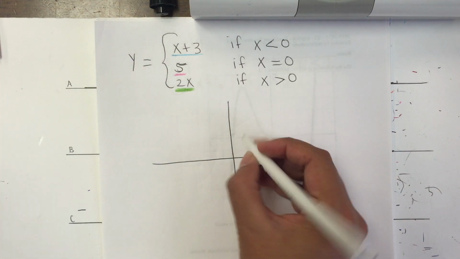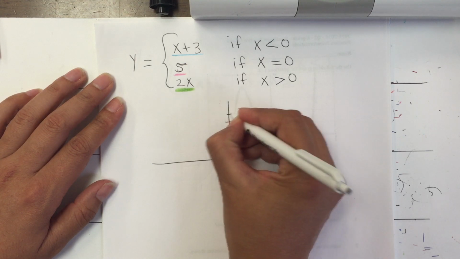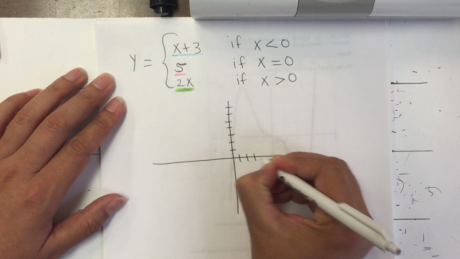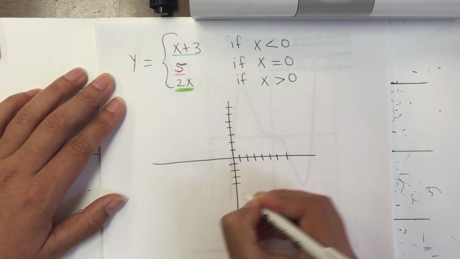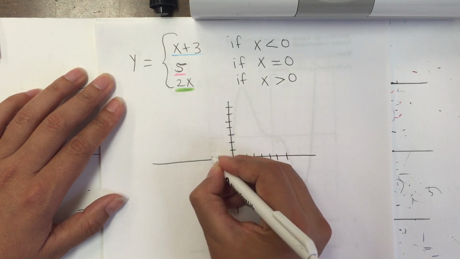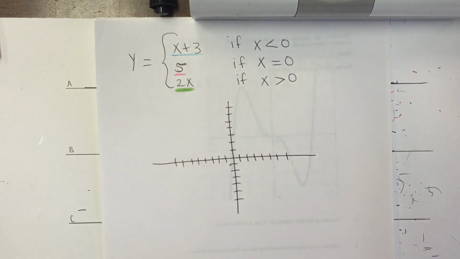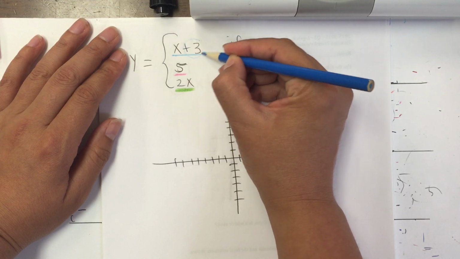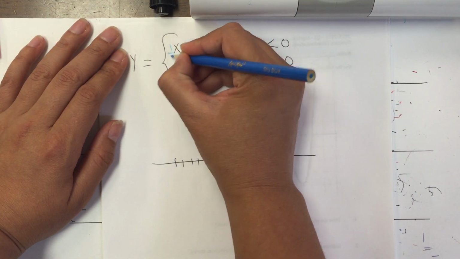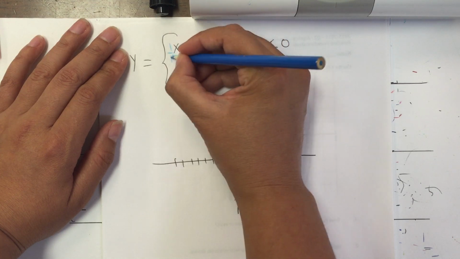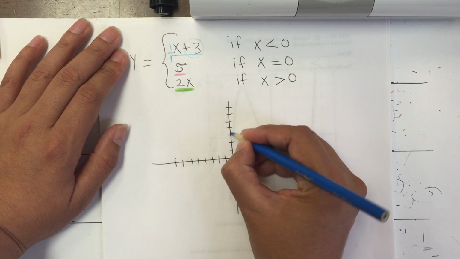So let's say that I have this graph. And you can be doing this as I do it too. It says that my initial point is at 3 and that my slope is 1 over 1, because if there is no coefficient, the rise is 1, the run is 1. So it's 1, 2, 3.